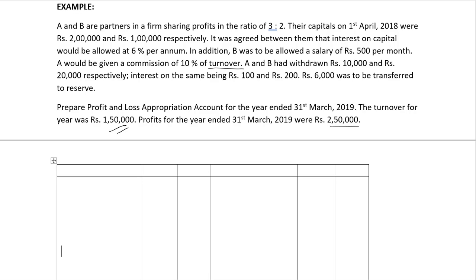So we'll begin preparing the profit and loss appropriation account for the year ended 31st March 2019.